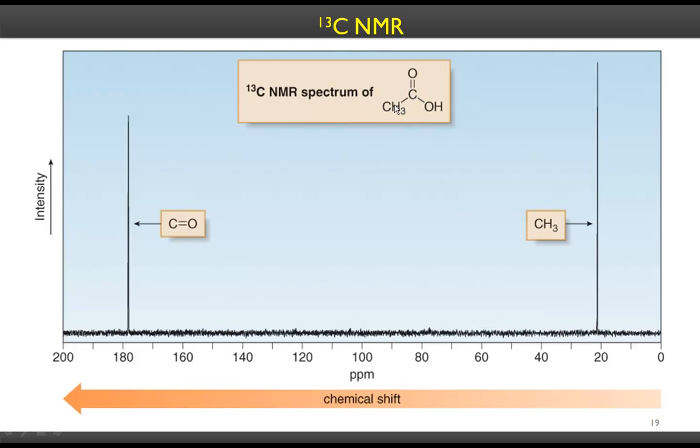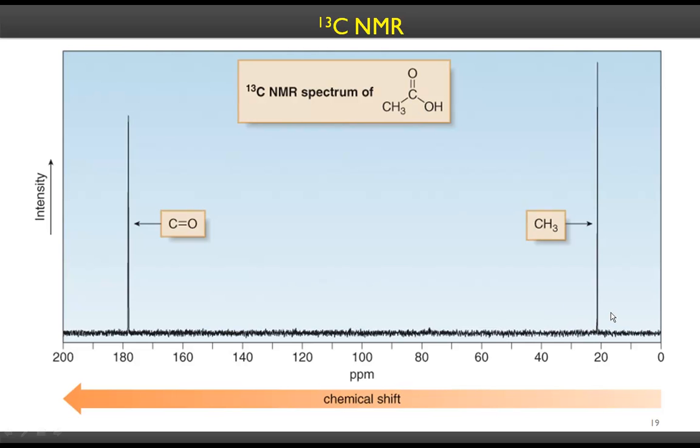So there are two chemically non-equivalent carbons, so they are magnetically non-equivalent, and as a result we get two peaks. One is towards the shielded area, one is towards the deshielding area, one is towards downfield, the other one is towards upfield.